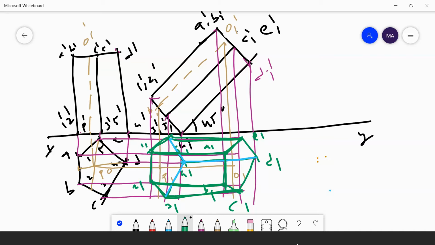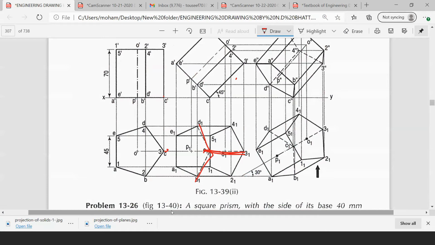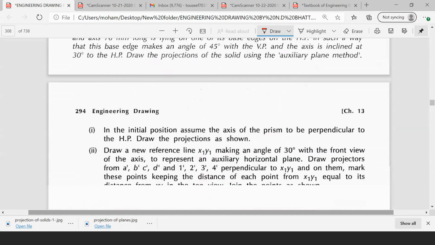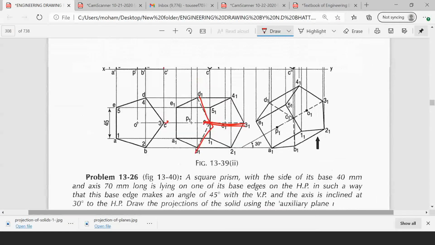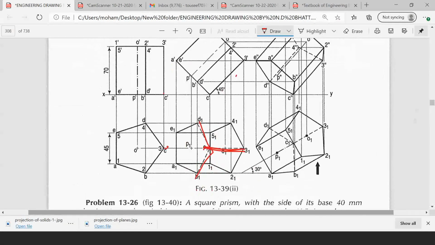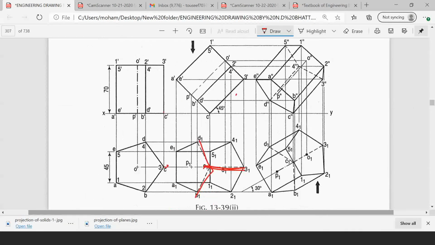Okay, next part is, it says that this axis is inclined at 60 degrees to the plane. When you see the diagram, this axis line will be on the same line.